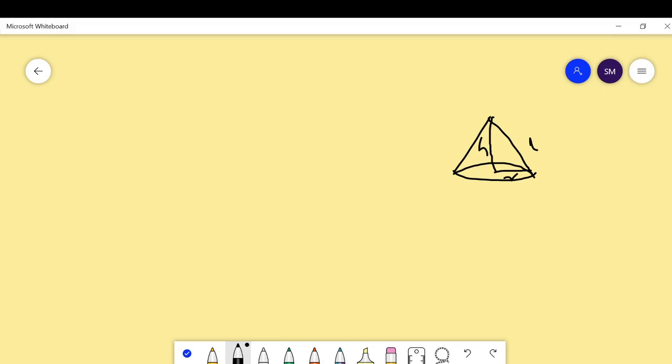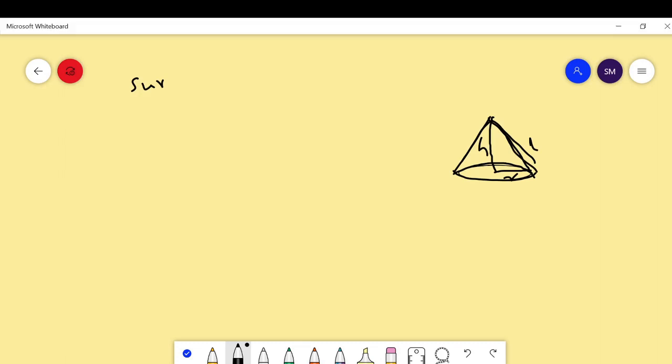The cone has two surfaces. One is the flat surface, the base, which is a circular surface, and the other is the curved surface.